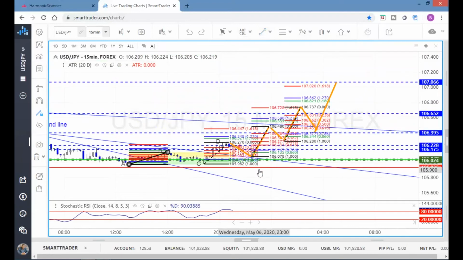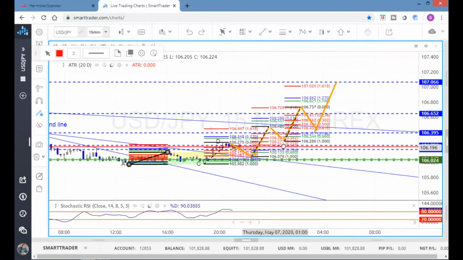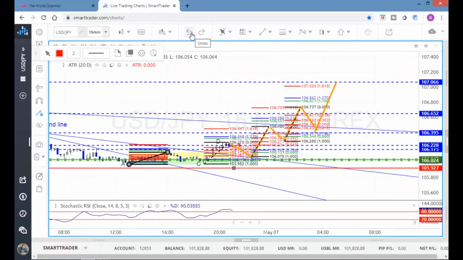And as we add to it, as we move towards our TP2, we move our stop loss up. We can move our stop loss into profit, so now we're looking at risk-free trades. That's how we use the Fibonacci sequence, and that's how we ride the waves all the way to our take profit point.